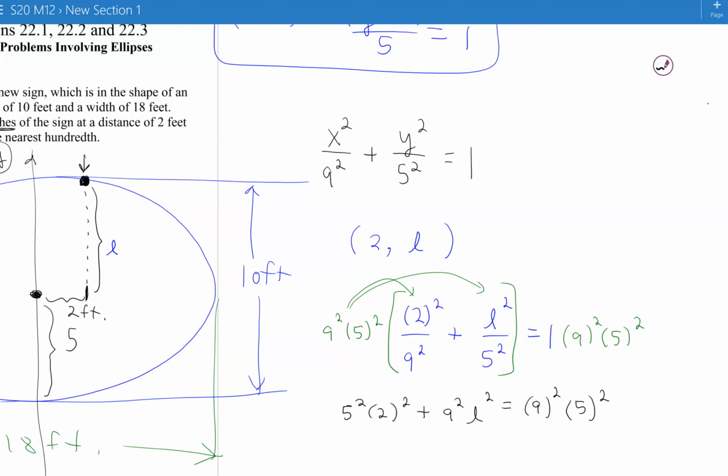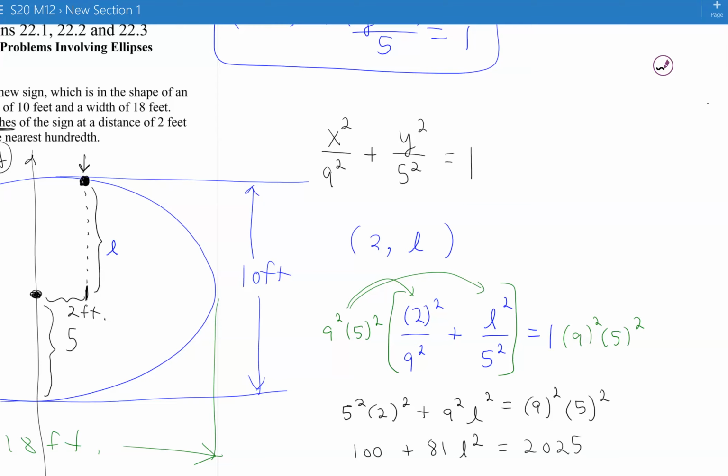So let's go ahead and get some numbers for these. So 5 squared times 2 squared, that's obviously 100, plus 81 L squared. And then we have 25 times 81, or 2,025.